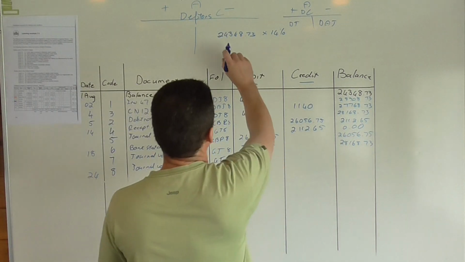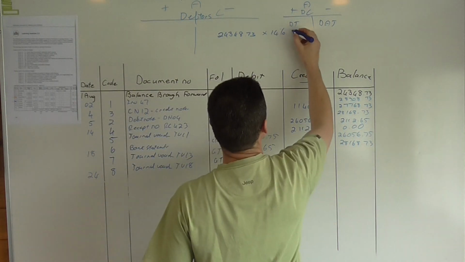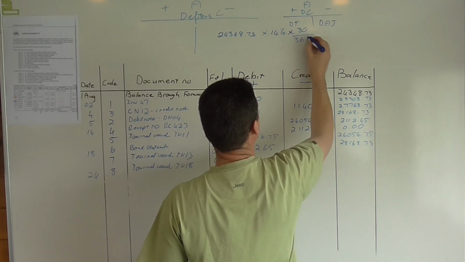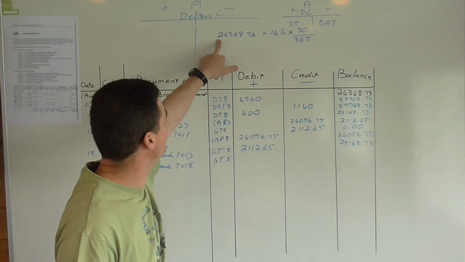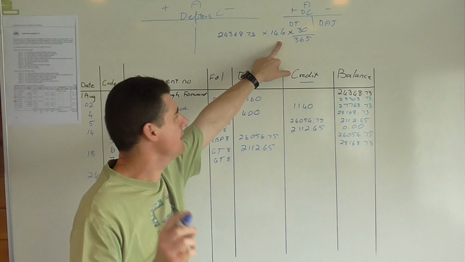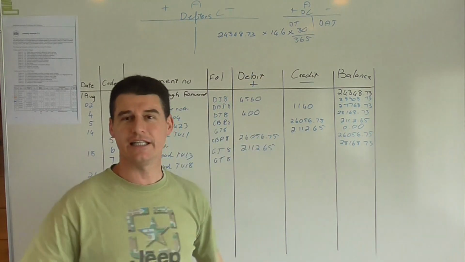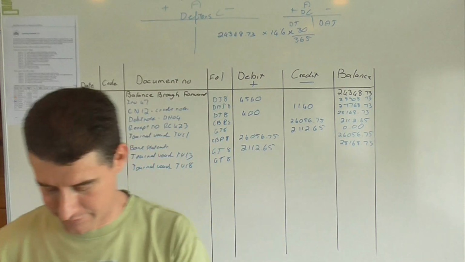So in other words, we take 24348.73 times 14% times 30 days out of 365, which is a year. It's the 14% that we charge him per annum, but only 30 days because the account is only 30 days overdue.